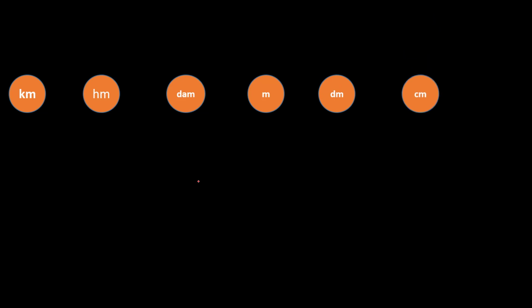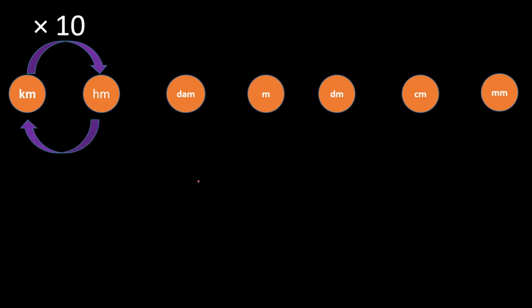So we can here take a nice shape between the units of length: kilometer, hectometer, can you remember? Decameter, meter, decimeter, centimeter, and millimeter. To convert from kilometer to hectometer, just multiplying by 10, and we can divide by 10 to convert from small to large unit.